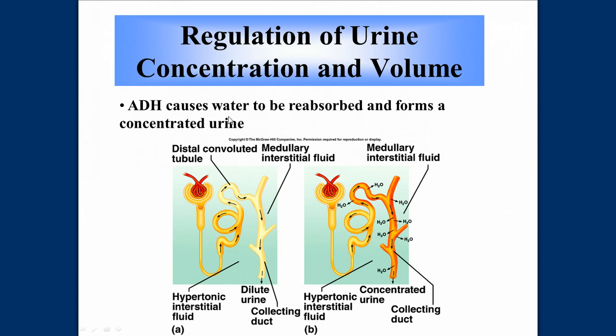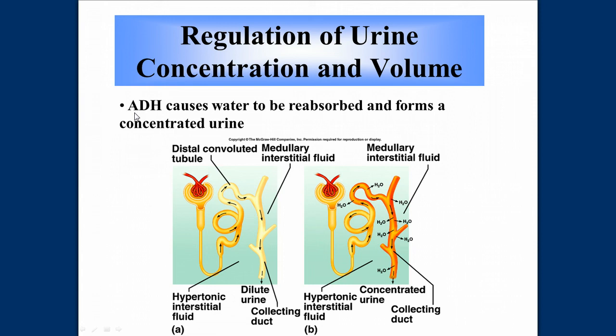Antidiuretic hormone causes water to be reabsorbed and forms a more concentrated urine. Okay, so a little water is reabsorbed in the peritubular capillaries here, but no more here because this is impermeable to water.